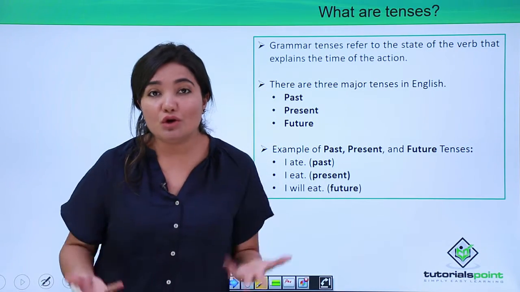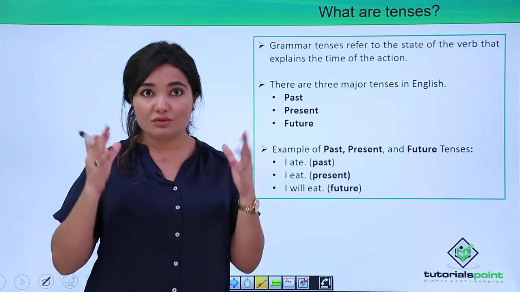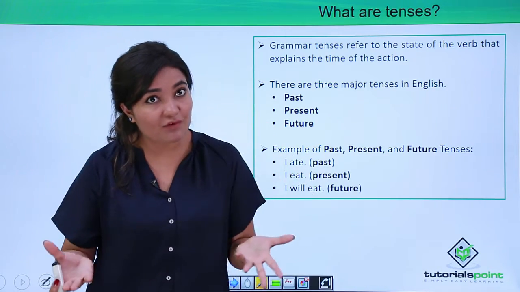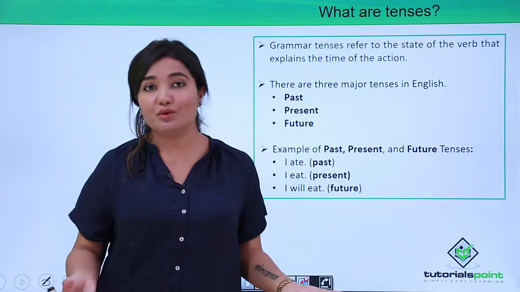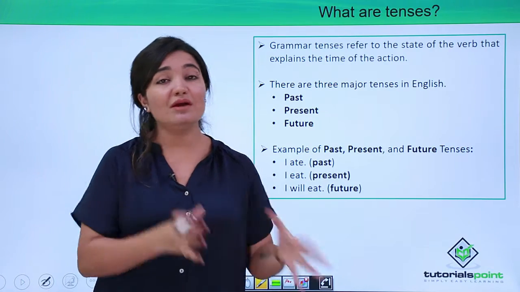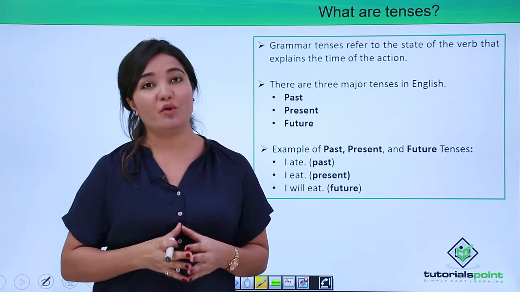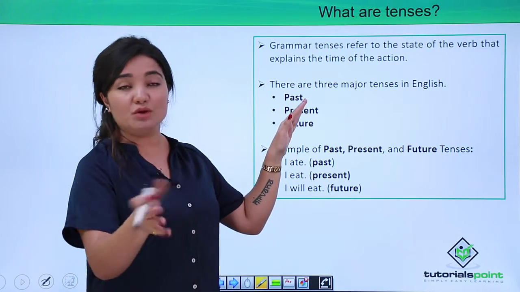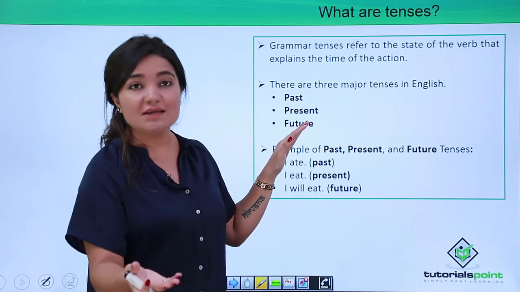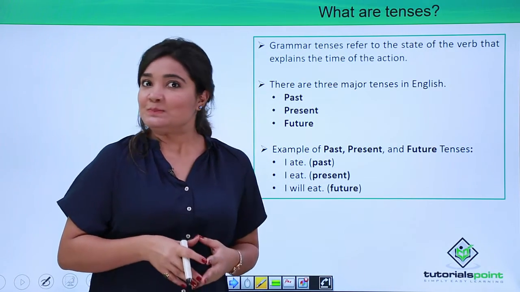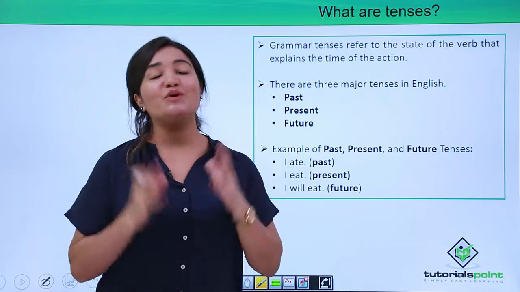Because if you don't know when a particular thing happened, do you think this entire concept of time will ever exist in our life? No, it won't. So time is a very, very important ingredient in our life, and this ingredient manifests itself in our language in the form of tenses. Clear? I'm sure you all are.